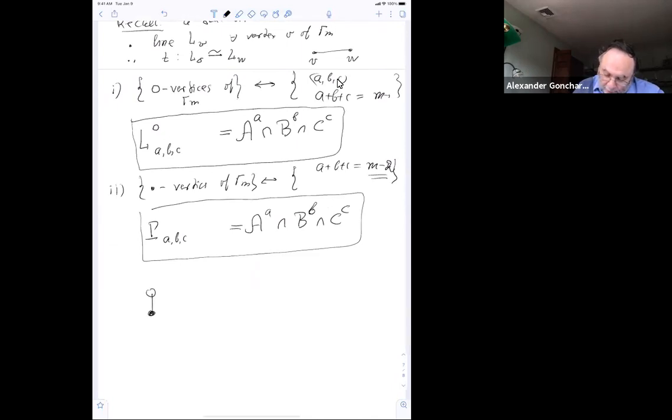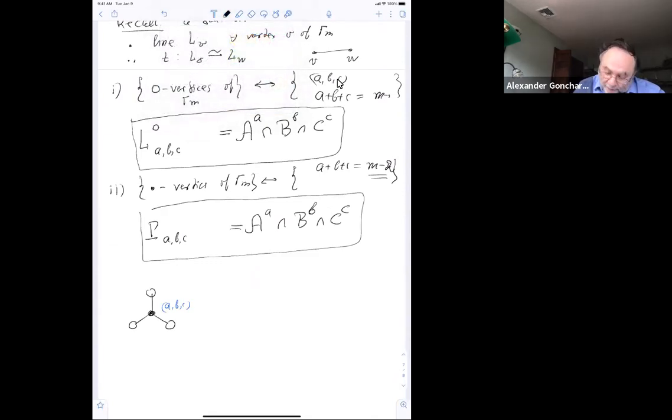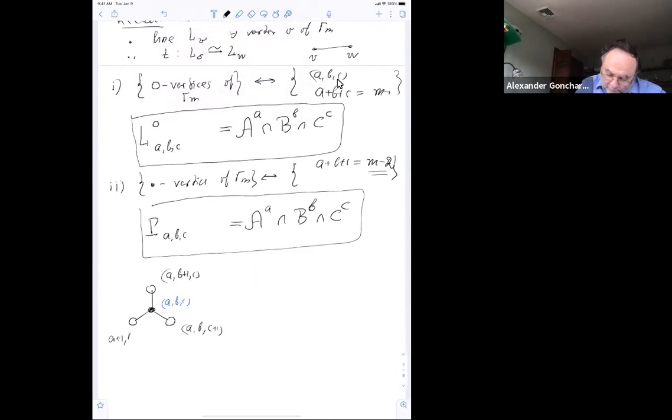It is a neighbor of 3 white vertices. The label of this black vertex is A, B, C, and the labels of the white vertices are A, B plus 1, C; A, B, C plus 1; and A plus 1, B, C.